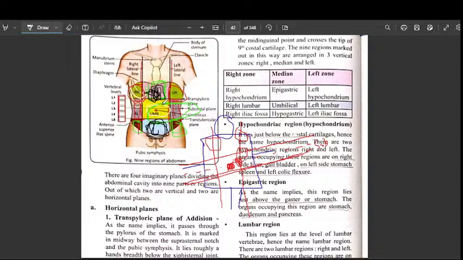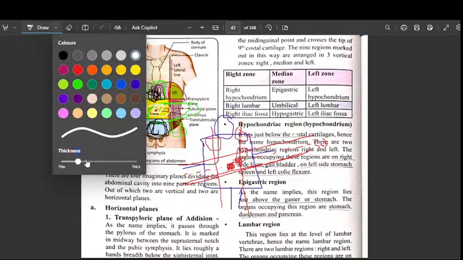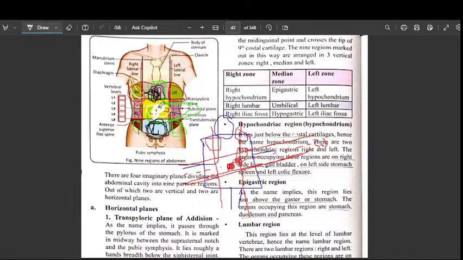And in the middle, see, that is umbilical, which contains the umbilicus.